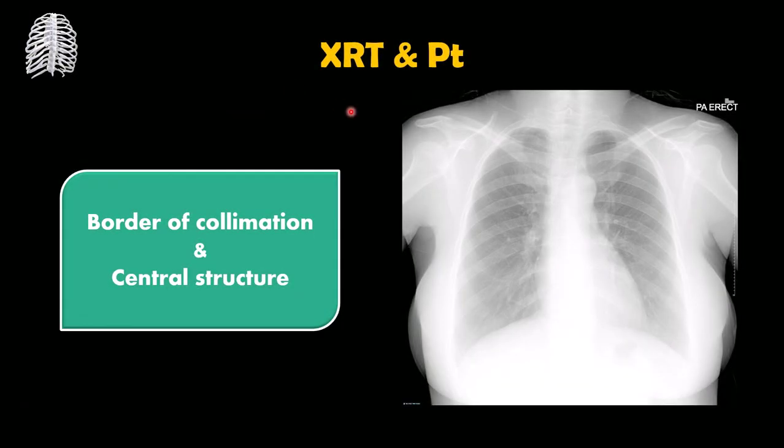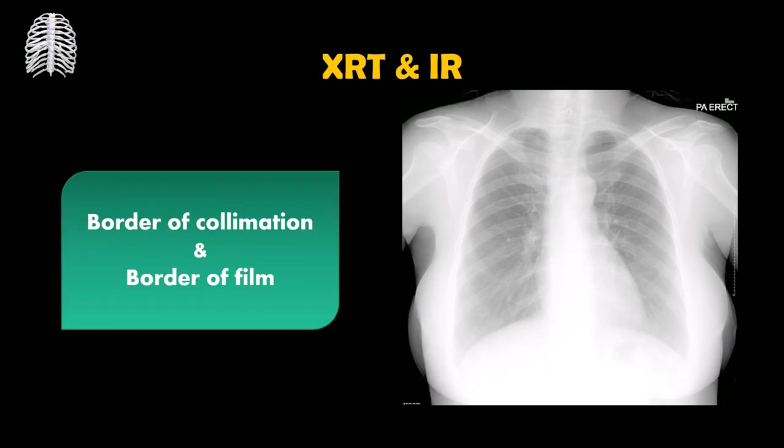The alignment between X-ray tube and patient for this radiograph cannot be determined because there is no presence of borders of collimation. For this radiograph, the alignment between X-ray tube and image receptor cannot be determined because there is no evidence of collimation borders.